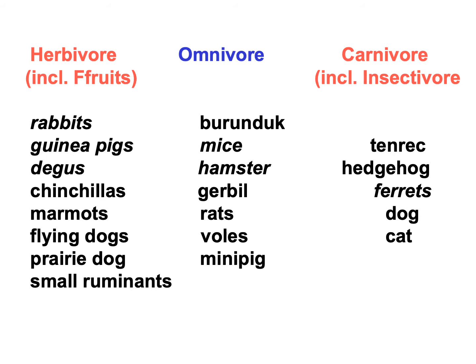Omnivores may be the burunduk or striped chipmunk from Siberia, the mice, hamster, gerbil, rats, voles, and mini pig and pig. And carnivores, including the insectivores, may be the tenrec, the hedgehog, the ferrets, the dog, and the cat.